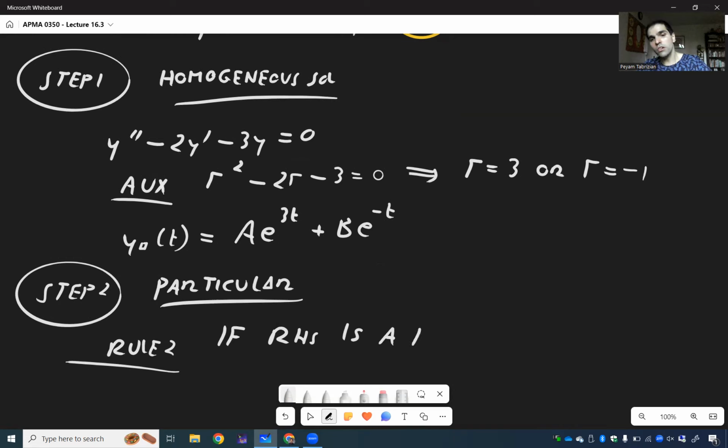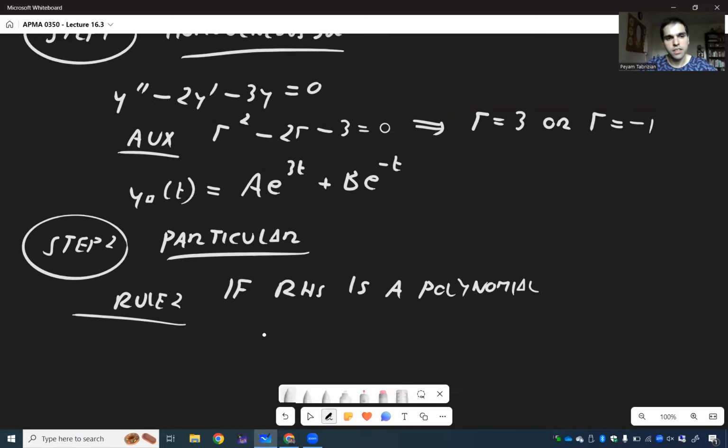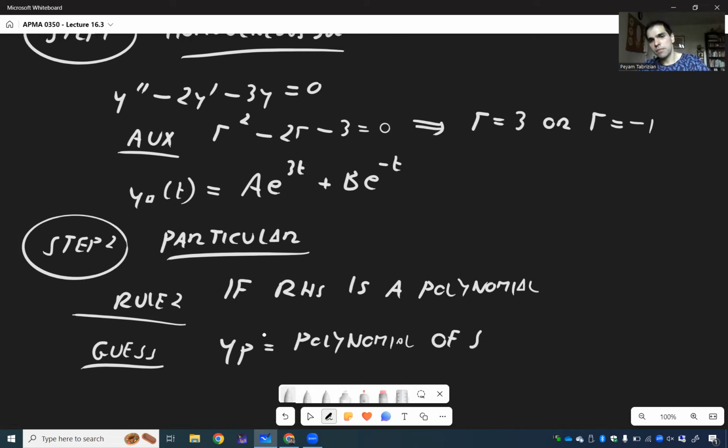If the right-hand side is a polynomial, you just guess yp to be a polynomial of the same degree. And it's much easier explained with examples.